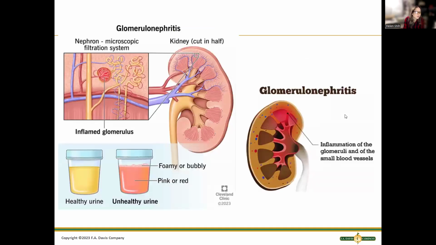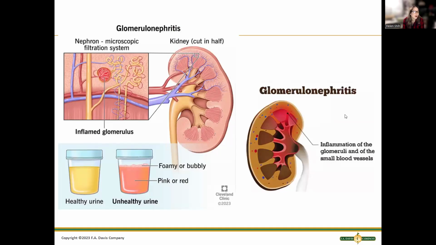So these are some pictures of what glomerulonephritis might look like, in which in the nephron there is an inflammation of the afferent arterioles, which causes vasodilation, leakage, increased warmth, and then pain as a result as well.